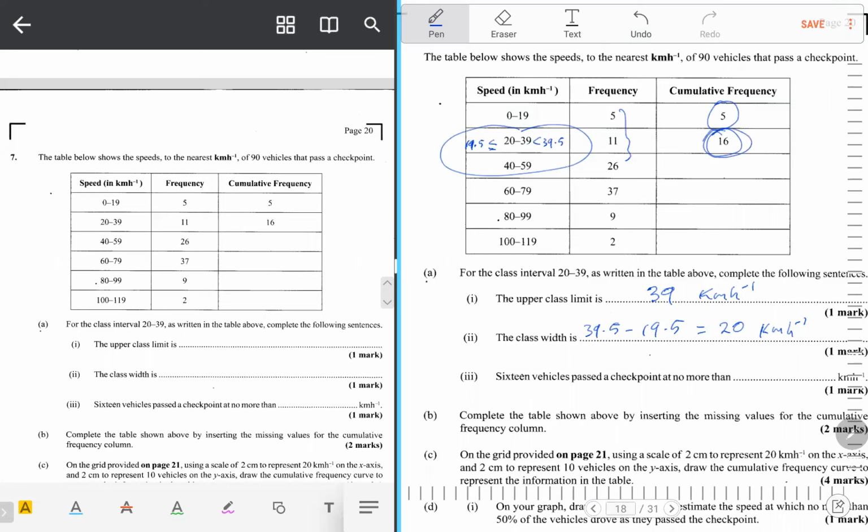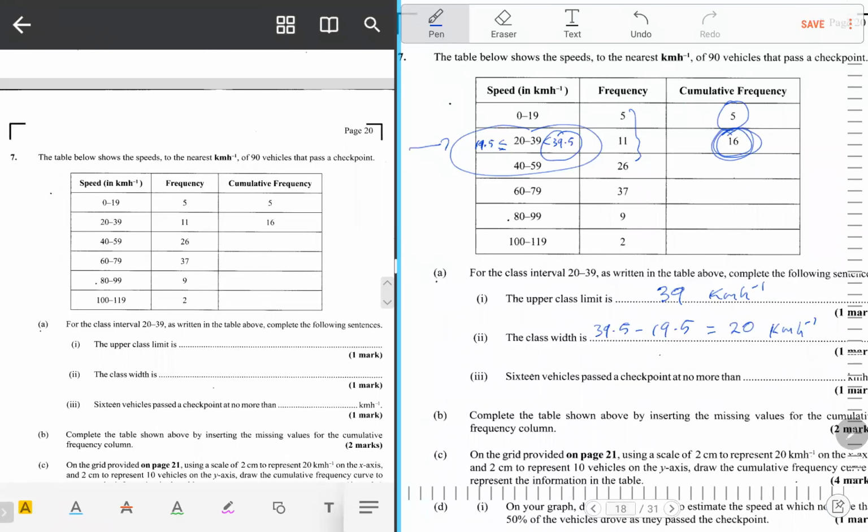A total of 16 vehicles pass the checkpoint in no more than 39.5 kilometers per hour, because that is the upper boundary for this second class. So the answer is that 16 vehicles pass the checkpoint in no more than 39.5 kilometers per hour.